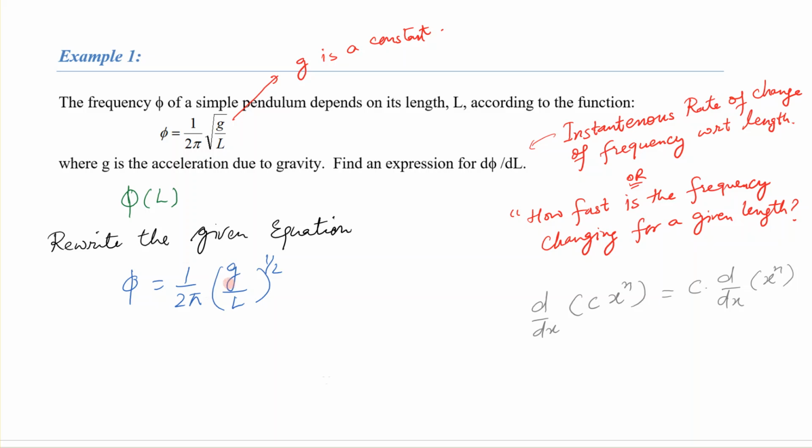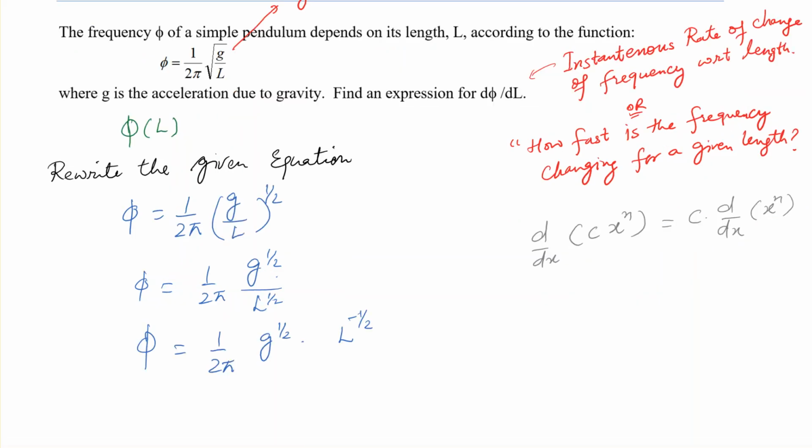So I'm going to bring all the constant terms outside, and then we're going to take the derivative of the remaining term. Rewriting this, we see 1 over 2 pi times g raised to power half. This is our constant, and the only variable part that we have here is our x raised to power n form, the power form.